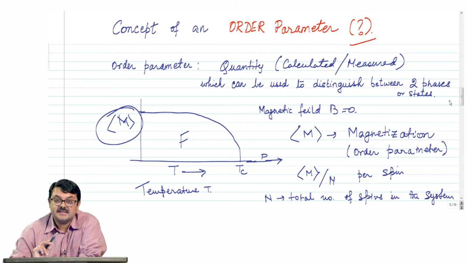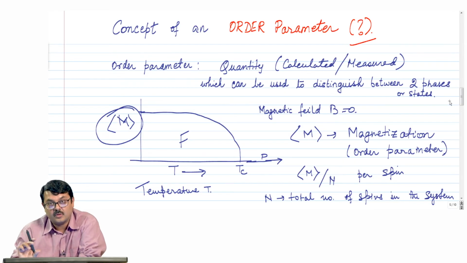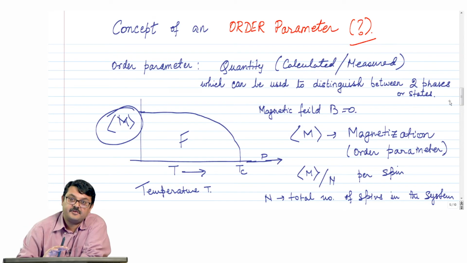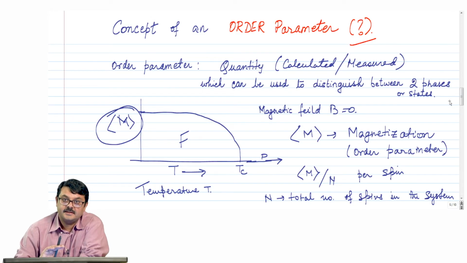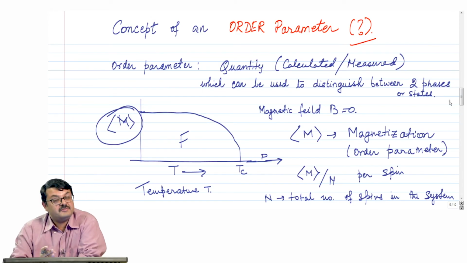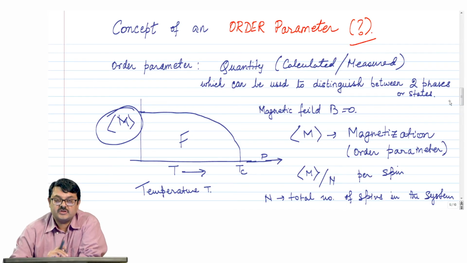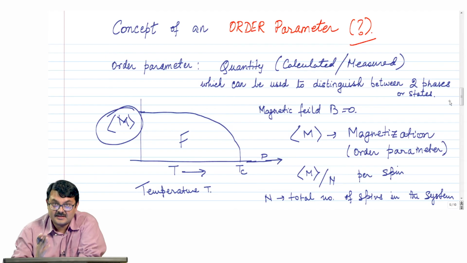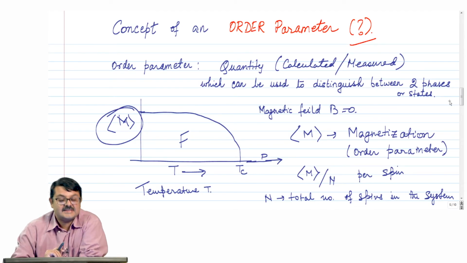So, basically it is a quantity which will be 0 in one of the phases and it will have a finite value in the other phase. So, when we are discussing ferromagnetism, the magnetization, the effective magnetic moment of the system, can be used as an order parameter.